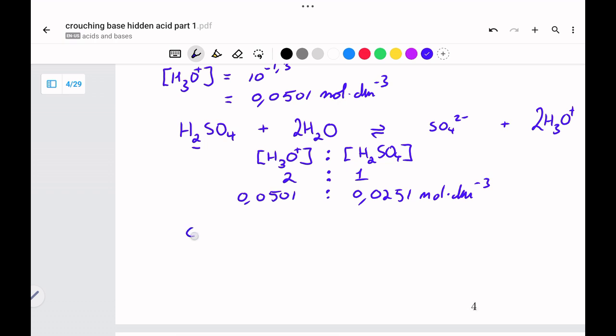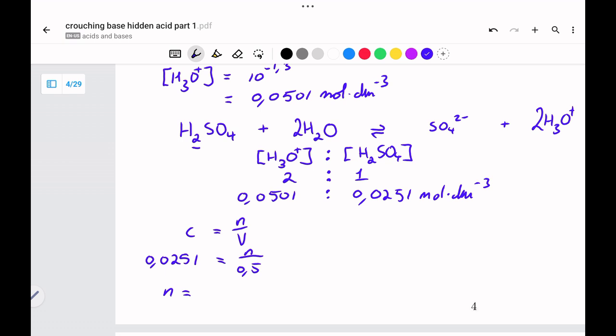So let's use C equals n over V. Let's write in the concentration that we just found. So n is just the product of those two.